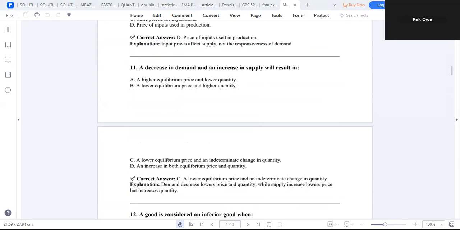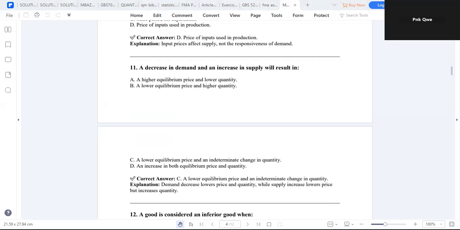I repeat question number 11. A decrease in demand and an increase in supply will result in C, lower equilibrium price and indeterminate change in quantity. What we must understand is that a decrease in demand will cause a shift to the left.